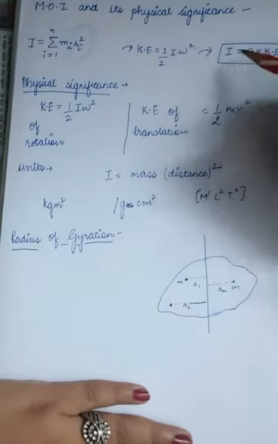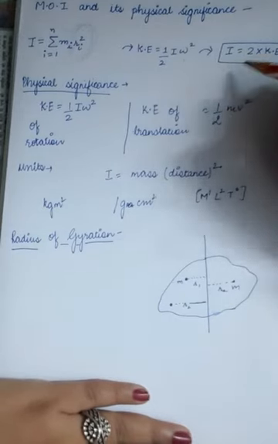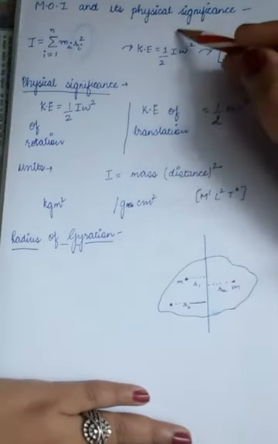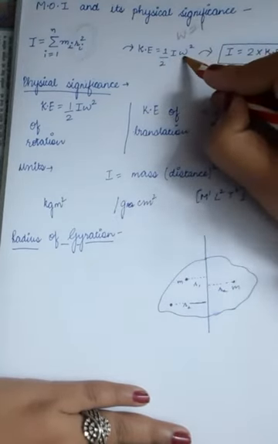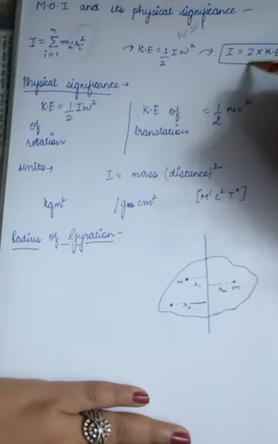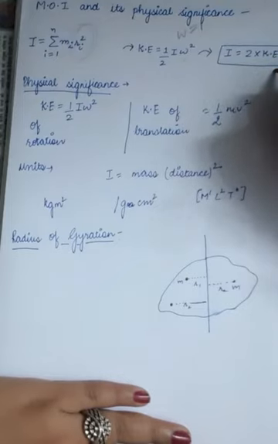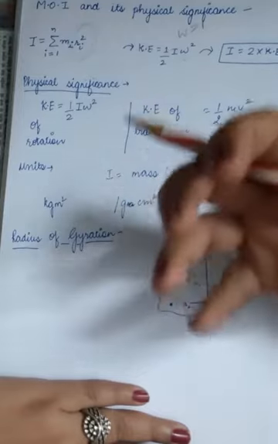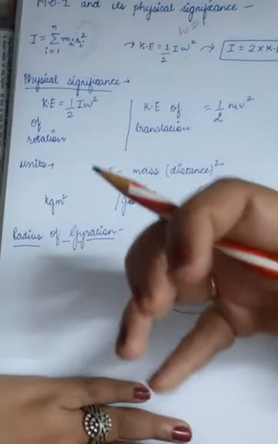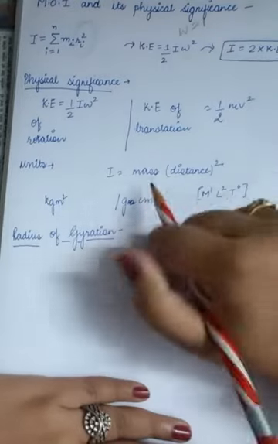So what is I? It is equal to 2 into kinetic energy when omega is equal to 1. If you take omega equal to 1, I becomes equal to twice the kinetic energy. So its physical significance is restricted to the fact that it measures the inertia in rotational motion.